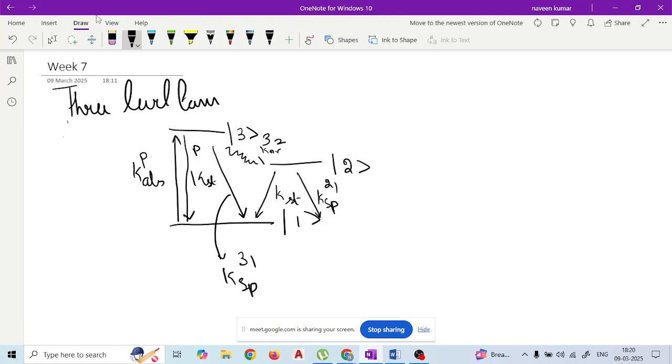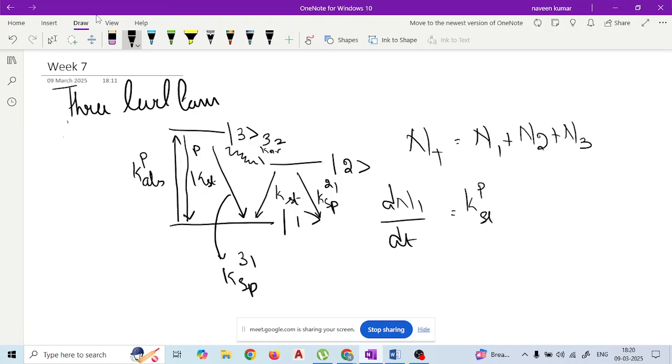We have seen in the last class the total number of energy states, n1 plus n2 plus n3. Then dn1 divided by dt is equal to K_p,st n3 plus K_st,21 n2.